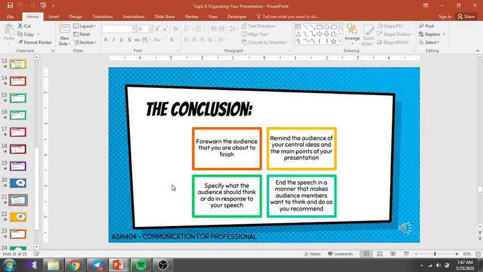Next, the conclusion. Of course the conclusion is to let the audience know that you are about to finish, and remind the audience of your central ideas and the main points of your presentation, and specify what the audience should think or do in response to your speech, and end the speech in a manner that makes audience members want to think and do as you recommend.